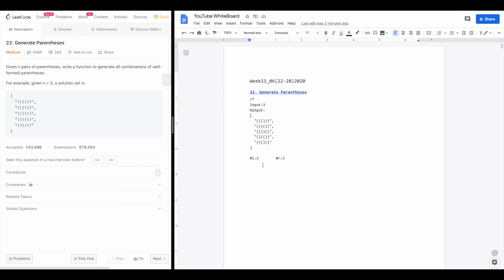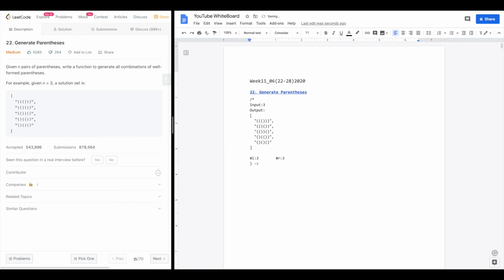If we first generate a right parenthesis, no matter what we put after the first right parenthesis, we already know it's not correct, because at the first step it's already wrong.